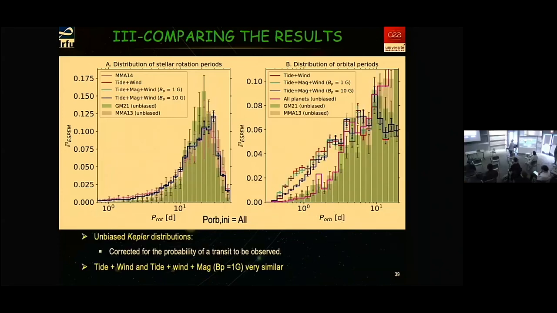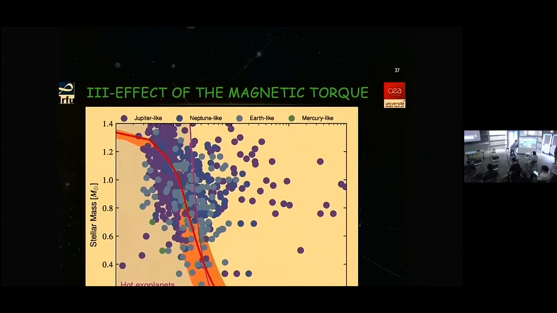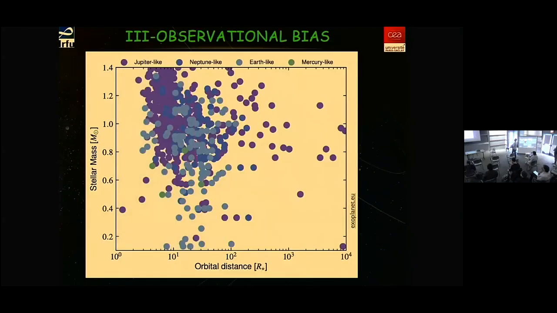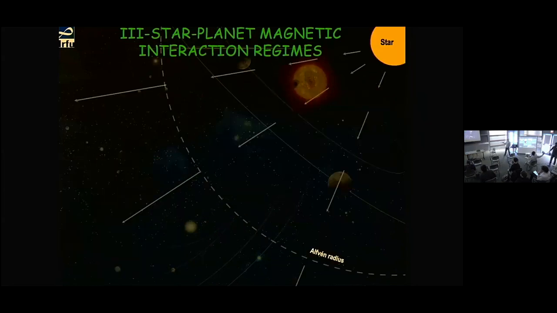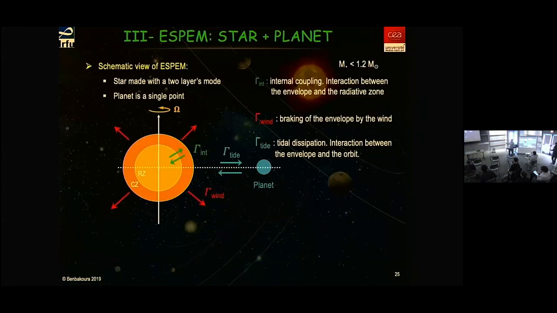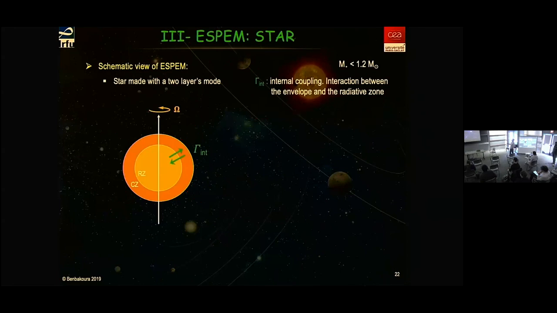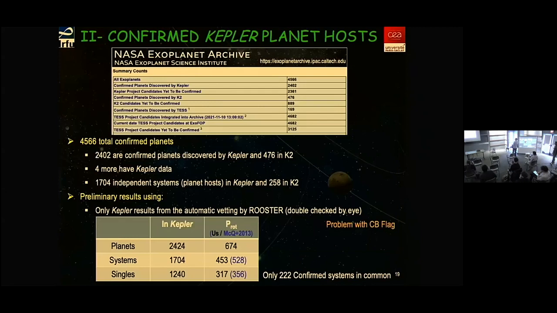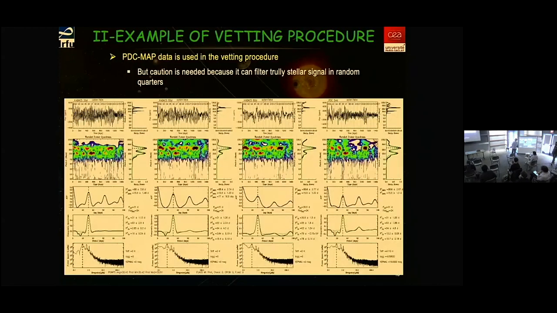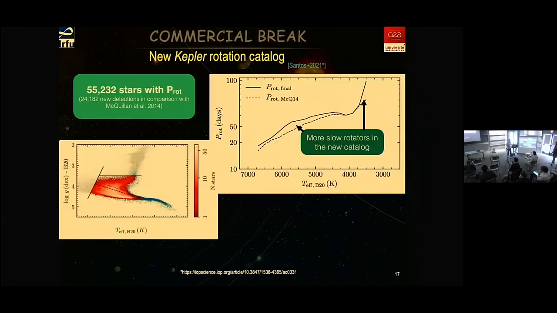Okay, so the clear answer is that in the complete analysis I did, it contains everything, so F, G, K, M stars. So you have 55,000 stars with rotation periods there. And the reason why we split it in two is because the first paper, which is only K and M stars, had something like 25,000, and in fact we visually inspected all of them.